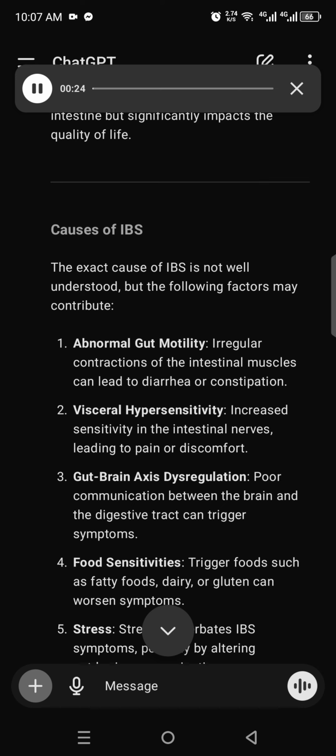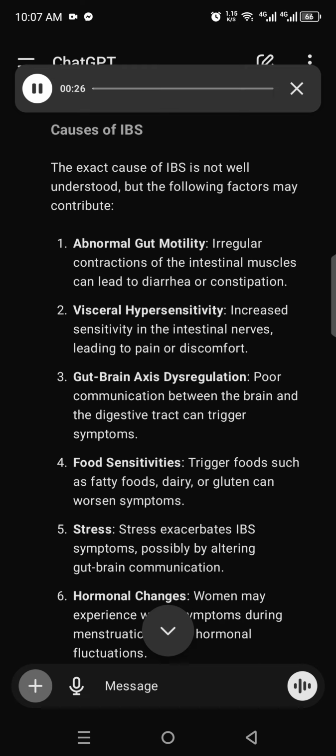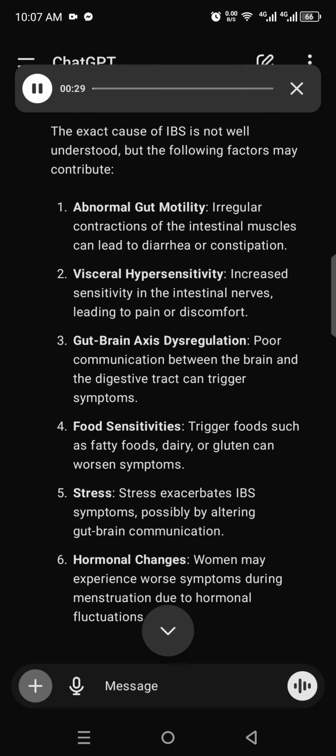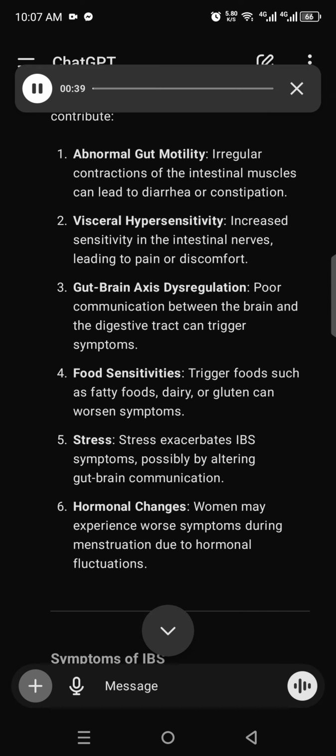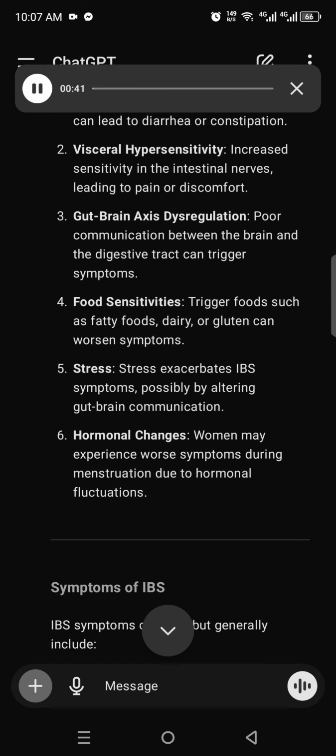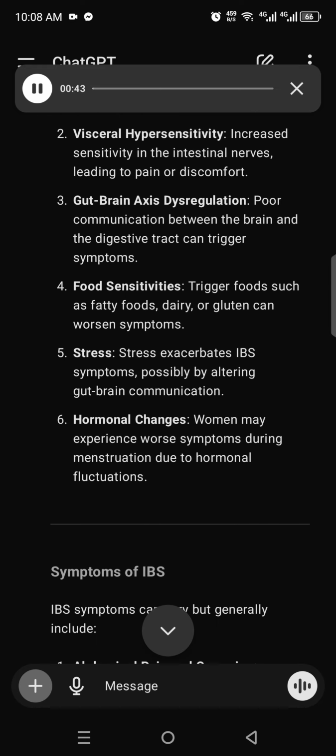Causes of IBS. The exact cause of IBS is not well understood, but the following factors may contribute. 1. Abnormal gut motility. Irregular contractions of the intestinal muscles can lead to diarrhea or constipation. 2. Visceral hypersensitivity. Increased sensitivity in the intestinal nerves, leading to pain or discomfort. 3. Gut-brain axis dysregulation.